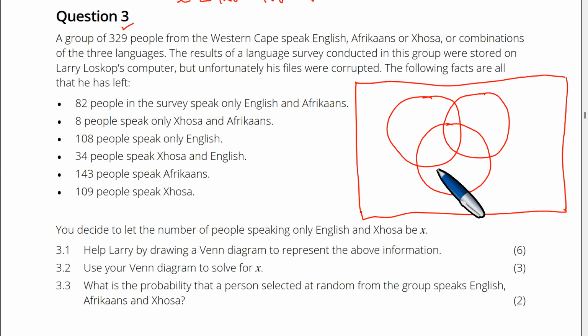Now, a group of 329 people from the Western Cape speak English. So we have the languages English, Afrikaans, Xhosa. Let's call the English E, and then we have Afrikaans, and then we have Xhosa.